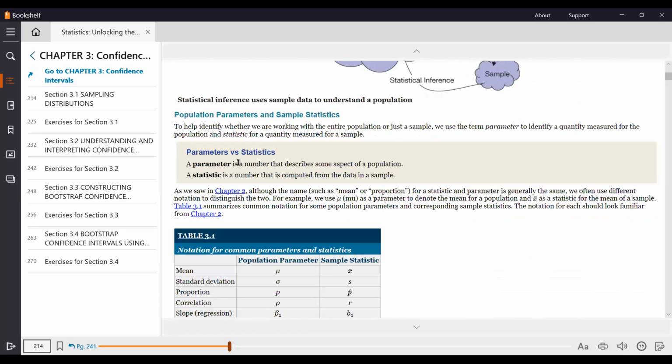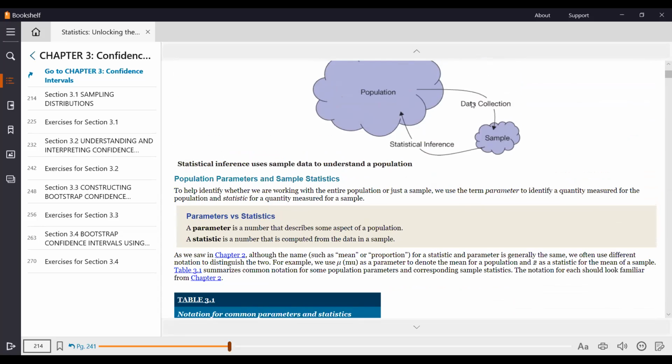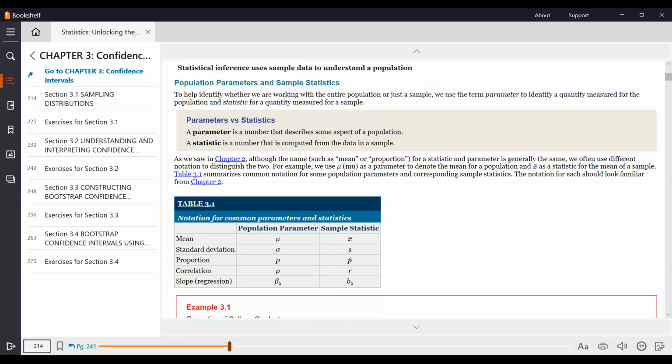additional points here, is that we have to understand the difference between what's called a parameter and a statistic. A parameter is a number that describes some aspect of the whole population. When I say to you, we want to estimate the proportion of people in the population who like candidate A, that proportion is called a parameter because it is a summary measure for the whole population.